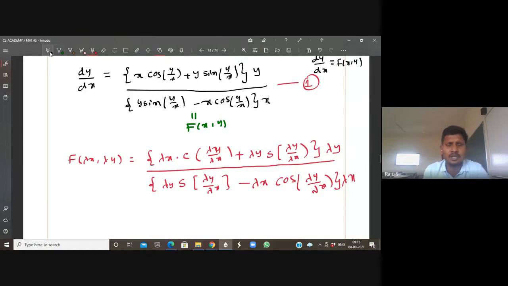See students, when I take λ common in the numerator and λ common in the denominator, they get cancelled.